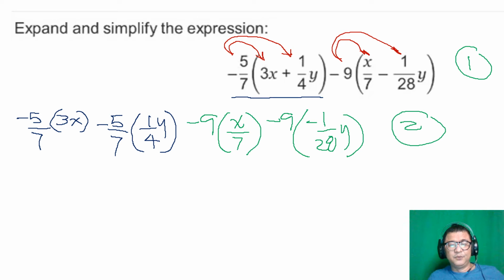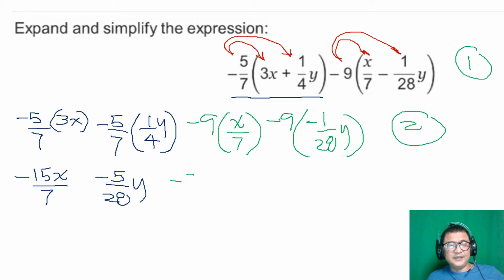Now we can multiply the first part. So 3 times 5 is 15x over 7, but that's going to be a negative, of course. Negative and positive is a negative 5 over 28, but the y is still going to be there. Now let's do the green part.